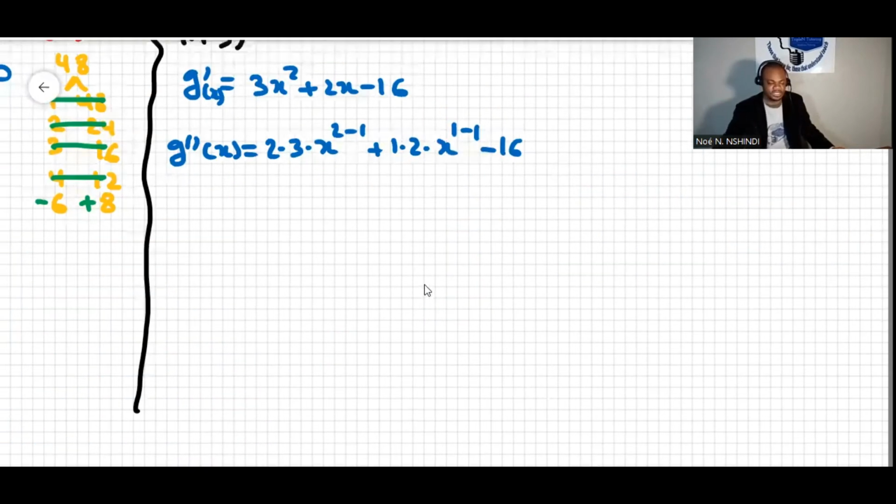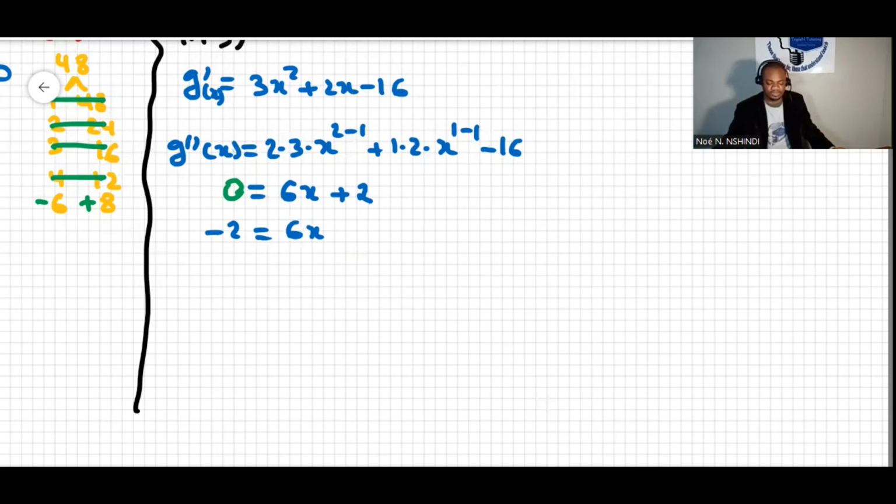So we differentiate for the second time, and this will make 6x plus 2, because this part makes 1, and then that's going to be 0. Then if we set this equal to 0, I'm going to move 2 over, so that's going to be negative 2 equal to 6x.